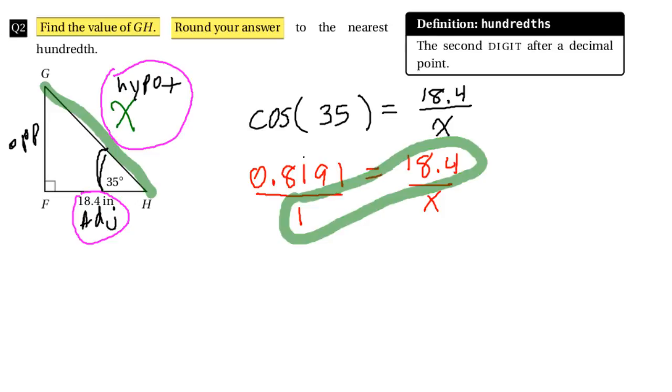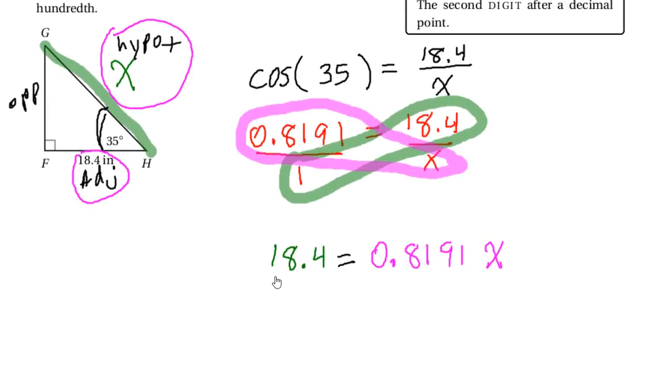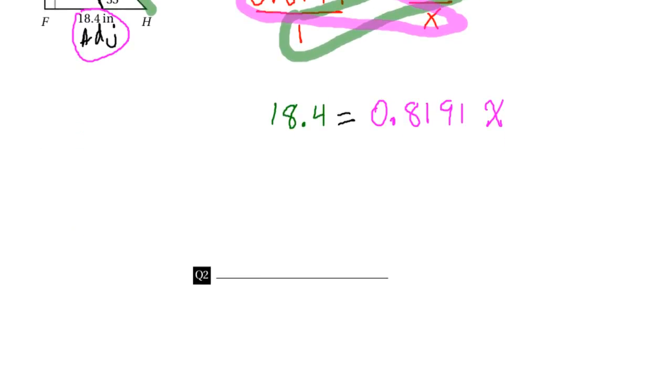So I can just go ahead and write that as 18.4, and it's going to be equal to, cross-multiplying in the other direction now, I'm going to take x times this 0.81 number, so I'm going to grab this and say that that's going to be 0.8191x.